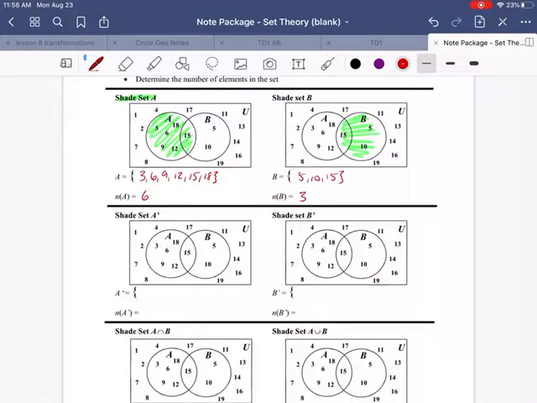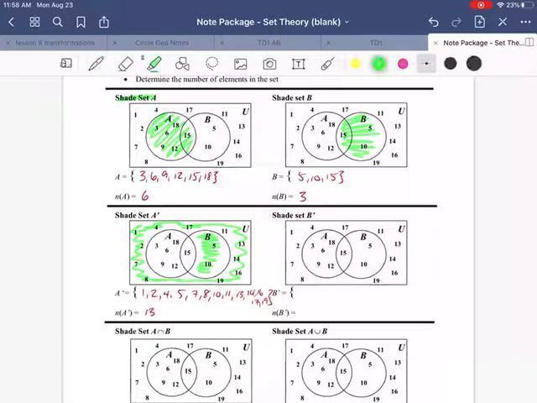Shade the complement of A. We just did this one on the previous page, but it's going to be everything outside as well as this part of set B. So the complement of A, we get ourselves 1, 2, 4, 5, 7, 8, 10, 11, 13, 14, 16, 17 and 19. Should have written smaller. And if you count that up, there's 13 numbers there.